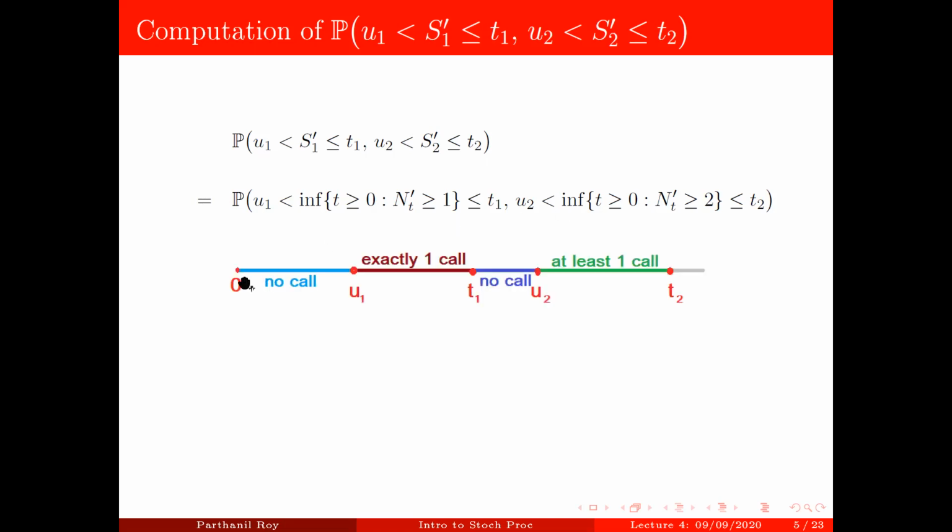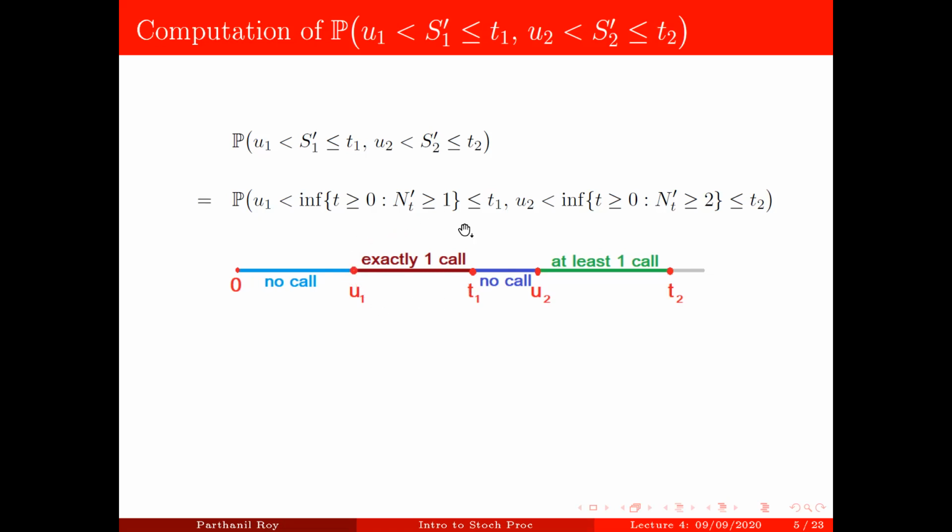Now, what's that? If you see, the infimum of this is strictly bigger than u1, and we have already used this in the calculation of the distribution of S1'. This being strictly bigger than u1 means up to time u1, there is no call. So in this interval, there is no call. On the other hand, the first time it touches or exceeds 1 has to be less than or equal to t1, which means at least one call has to come in this interval.